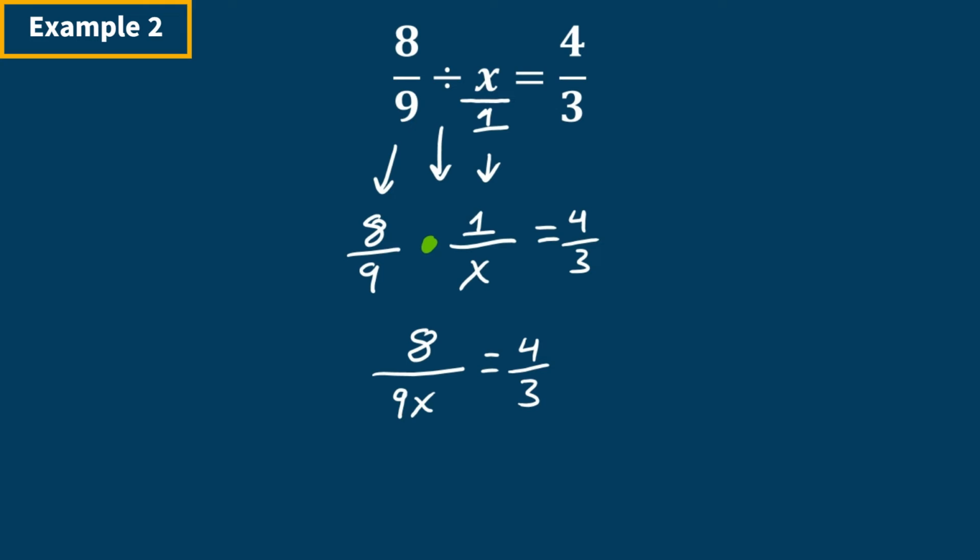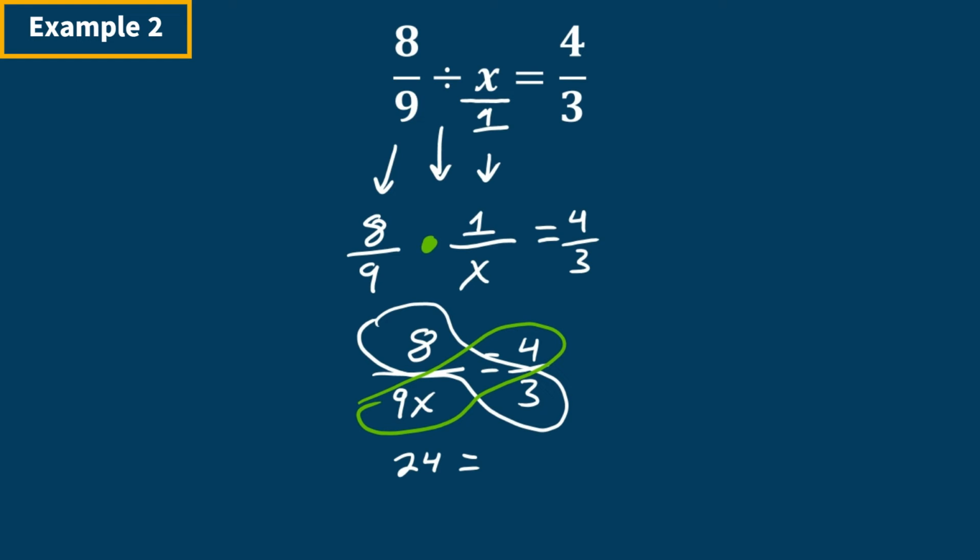From here, we have a simple proportion problem. So what we're going to do is the cross product. You're going to multiply those diagonal numbers together. So 3 times 8, that gives us 24. That's going to be equal to the other cross product, which is 4 times 9x.